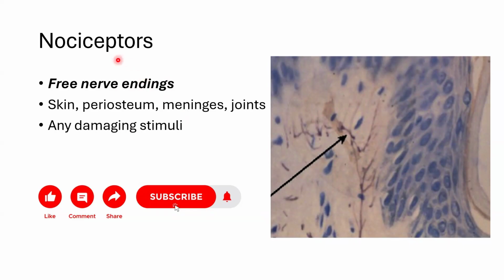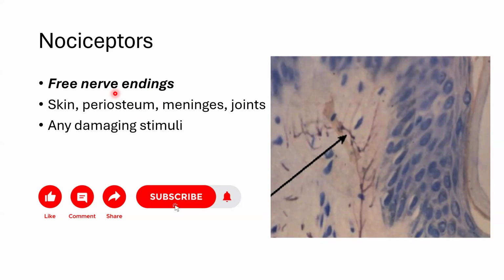These nociceptors, the free nerve endings, are found in the skin, periosteum, meninges, joints, and any other organ in the body, but they are found in higher concentration in the skin, periosteum, meninges, and joints. That doesn't say that these free nerve endings are not found in any other location.